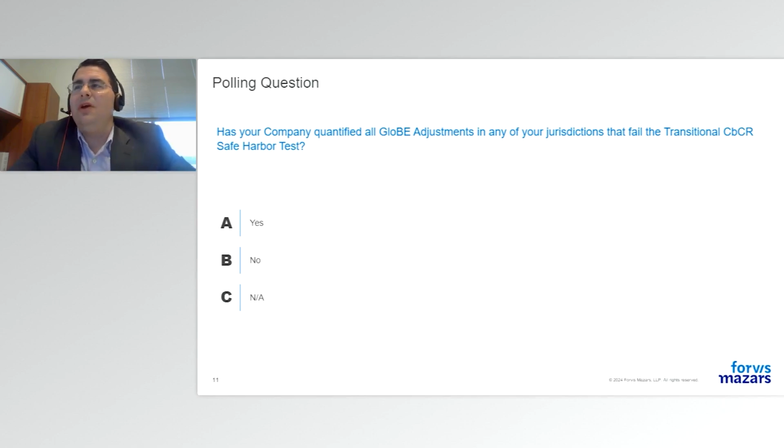Now, there's a comment here. They're not sure about the difference between listed and other. Listed is really what we've coined as the ones that have been spelled out in the Article 3 guidance, and then other is what's in the administrative guidance, but not specifically enumerated in Article 3 as a list, like how you'd see these listed ones.